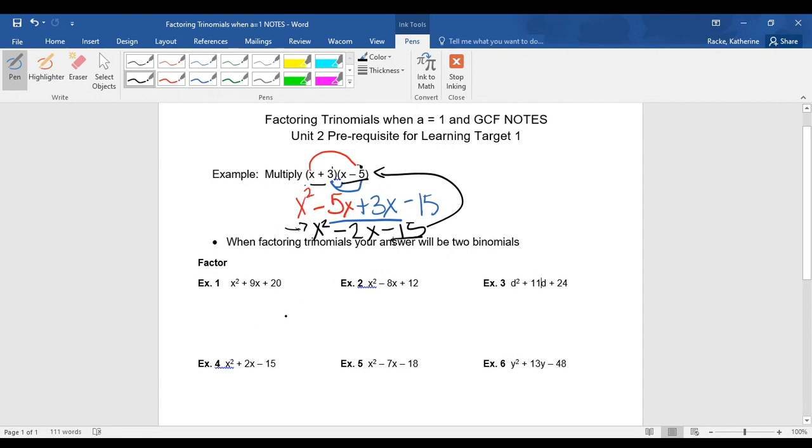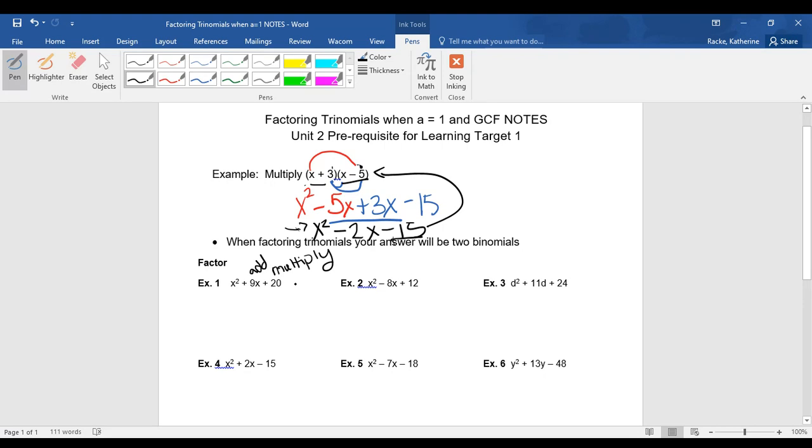You will look for two numbers that multiply to give you 20, but add to give you 9. So list all the factors of 20.